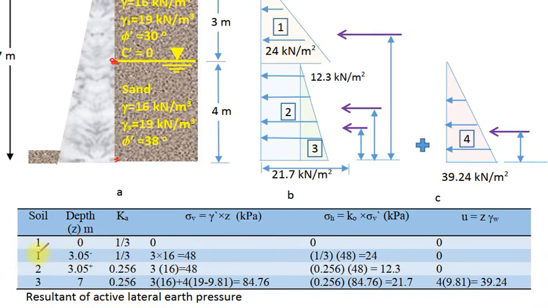Here, for soil type 1 at depth equal to 0, sigma vertical and sigma horizontal will be equal to 0.